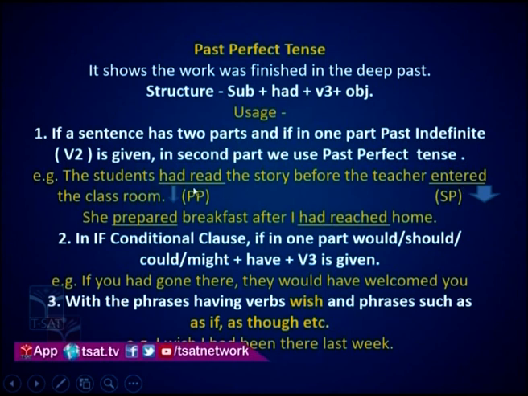The students had read the story before, already the action completed, before the teacher entered the classroom. So entered here is in simple past, and the words had read are in past perfect. So there are two actions happening, one in past perfect and the other in simple past.